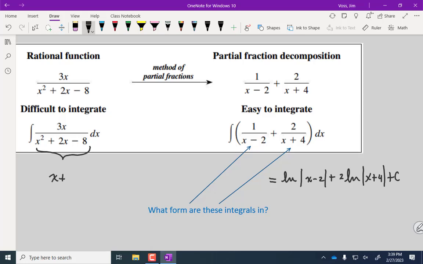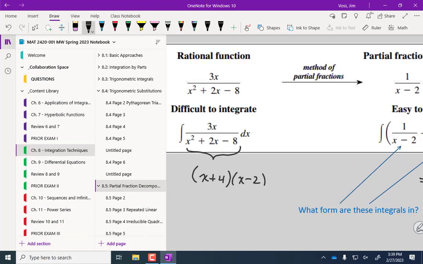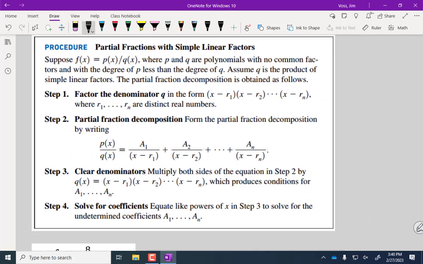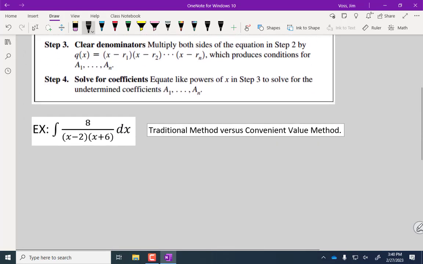And so it's those factors that create the partial fraction decomposition. So what this crazy looking slide is telling us is nothing more than if the denominator factors, you have a partial fraction for each of the factors that are in the denominator. That's all it's saying.